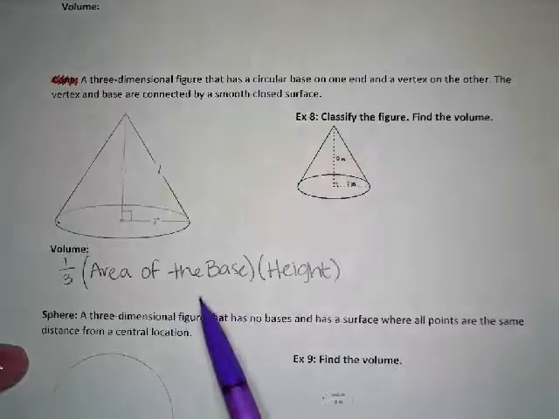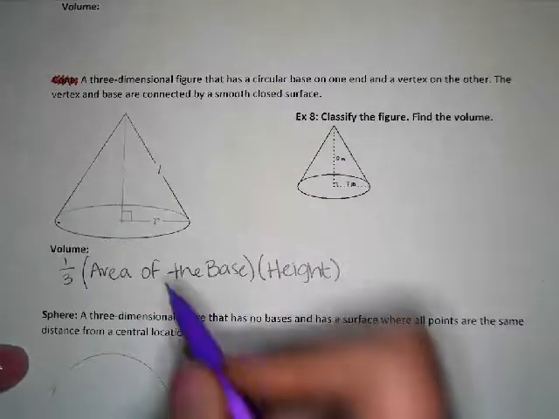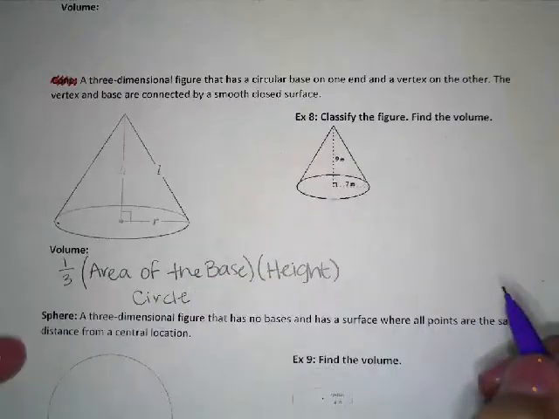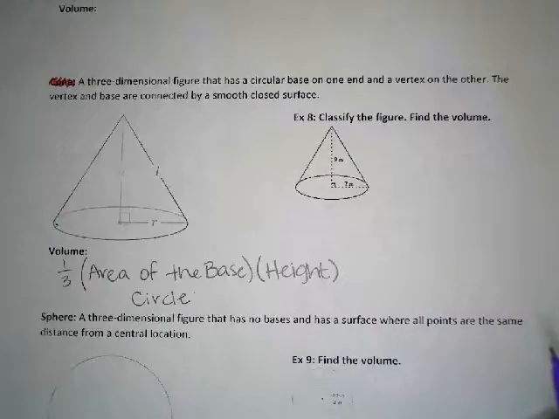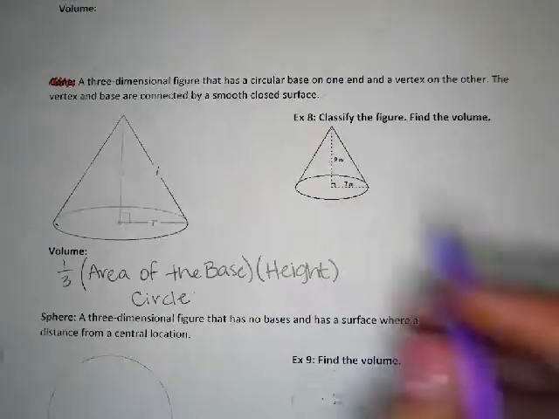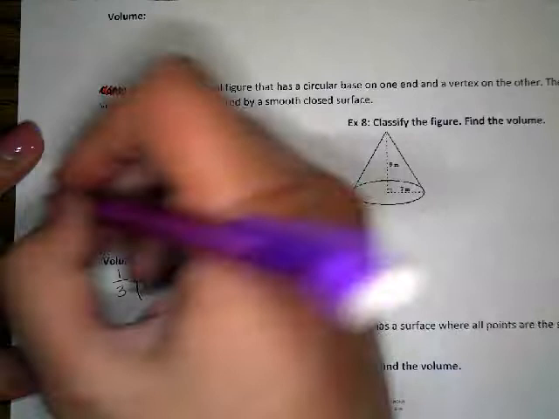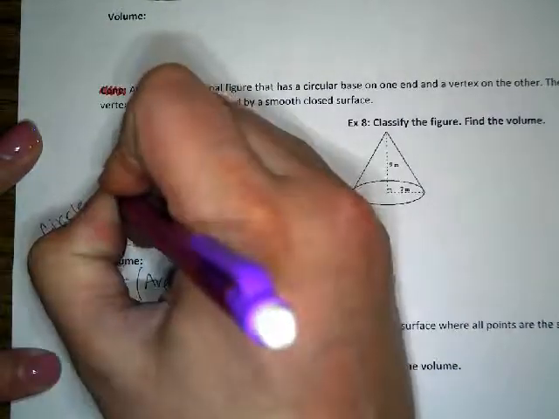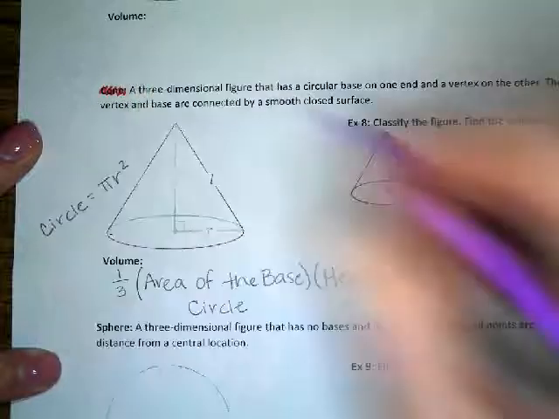So what is the shape of the base going to be? It's going to be a circle every single time. And what is the formula for the area of a circle? Pi r squared. So I'm going to write that off to the side so I don't forget. The area of a circle is pi r squared.